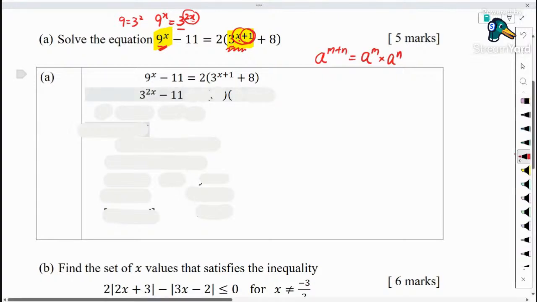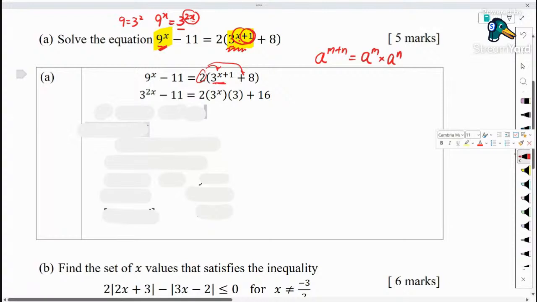Then for this part, let us try to expand the 2. At the same time, we also convert this 3 power of x plus 1 to 3 multiply with 3 power of x. Expand 2 with 8, I have 16.